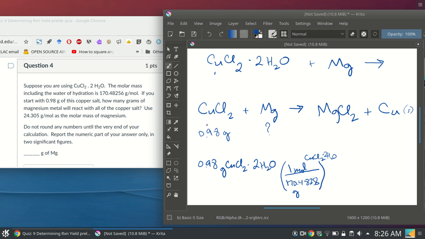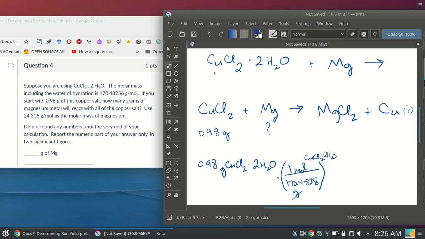One of these requires 1 of these. It's not 1 gram of these requires 1 gram of these. 1 mole of these requires 1 mole of these. 1 dozen of these requires 1 dozen of these. 1 pair of these requires 1 pair of these. It's numbers of molecules or particles or atoms or compounds. It's not grams. It's not masses, right? So that's why we need to convert to moles.